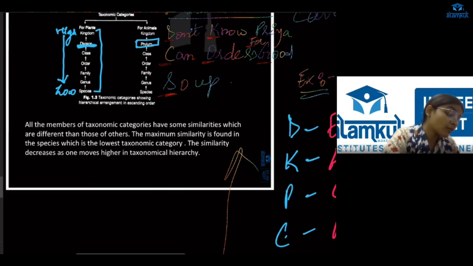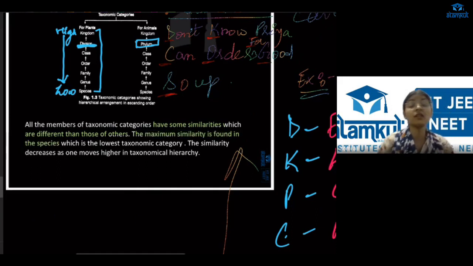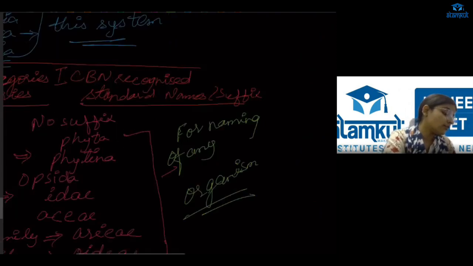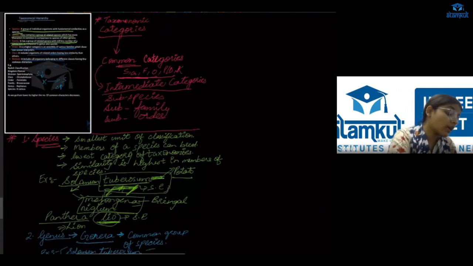All the members of a taxonomic category have some similarities which are different from those of others. The maximum similarities are found in species, means they will be most closely related, and it is the lowest taxonomic category. And the most dissimilar species will be there in the kingdom because it is the highest taxonomic category. The similarity decreases as one moves higher in the taxonomical hierarchy. Same thing. Then we will study each and everything in detail, and I have written everything.